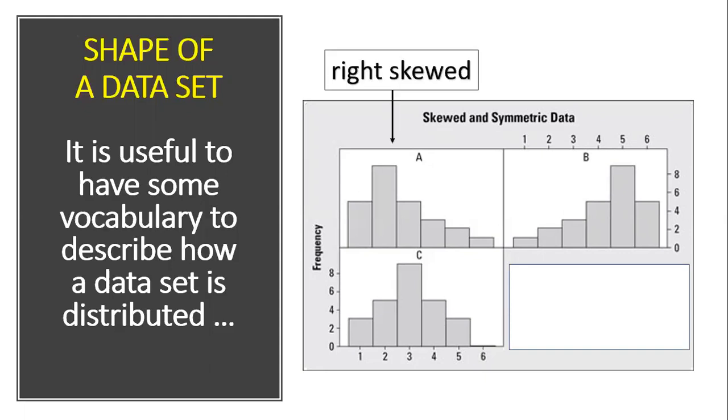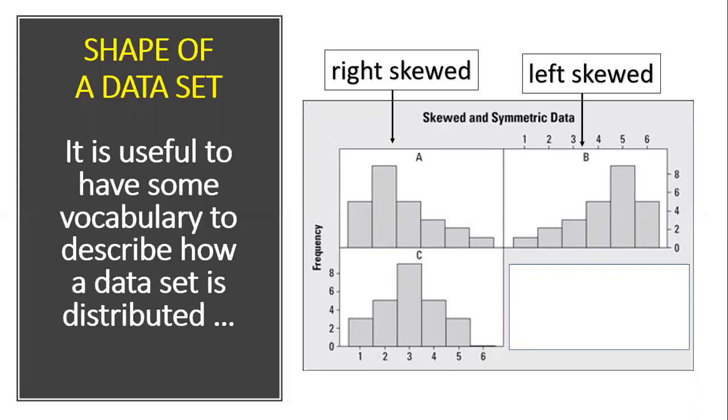Look at data set A there in the upper left. That data set is one that we refer to as a right-skewed data set. Why? Because the highest bar there is toward the left side of the distribution, and what we might call the tail on the right-hand side stretches out farther than the tail on the left side does. So we refer to this as a right-skewed data set. Just beside it, data set B is an example of what we call a left-skewed data set.